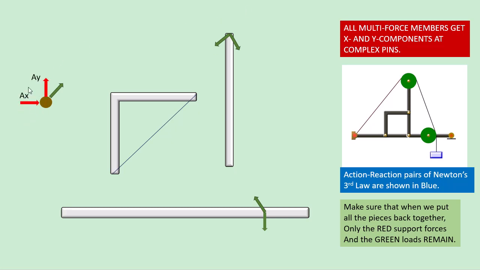So this Ax, Ay pair is the force on this pin here from the wall, and this is the cable tension. Bx, By is the interaction between the pin and the multi-force member.